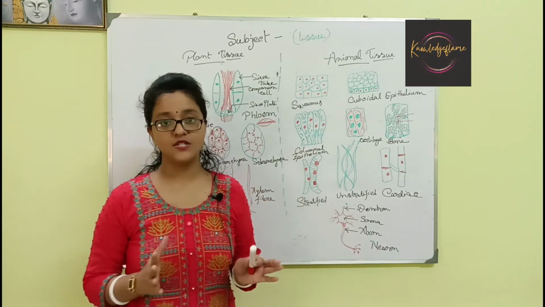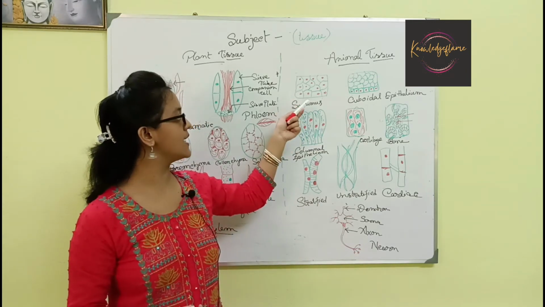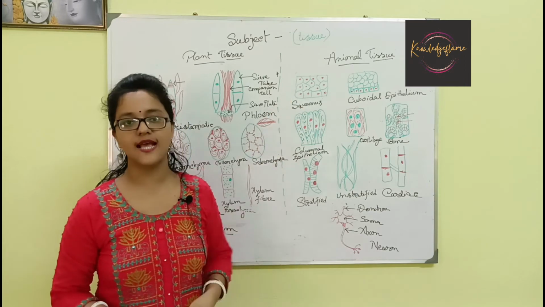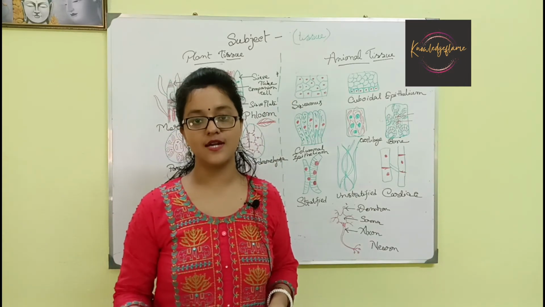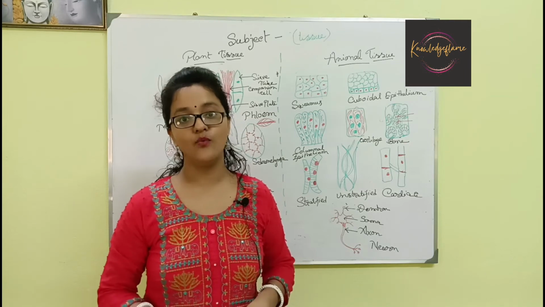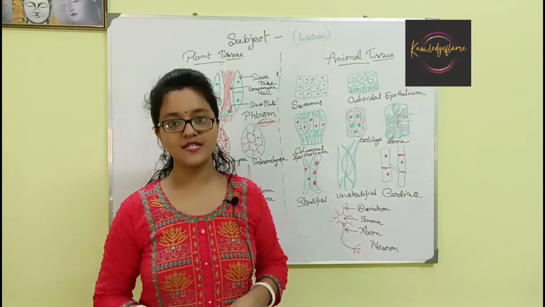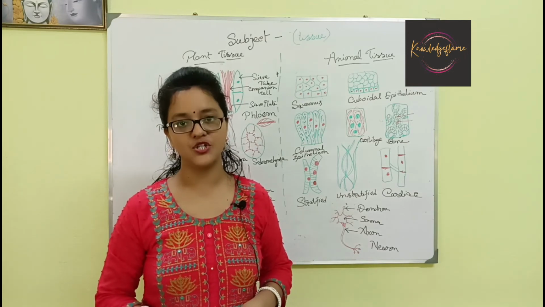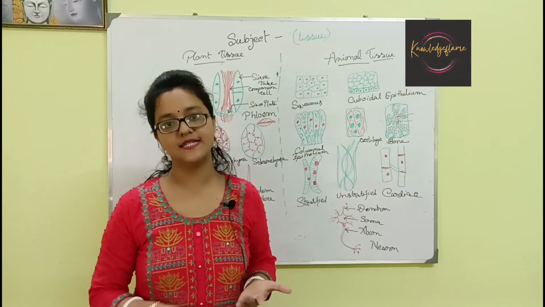This type of tissue has cells like this, and sometimes there is a single layer of cells, which is called simple squamous epithelium. When there are multiple layers of cells, this is called stratified squamous epithelial tissue.